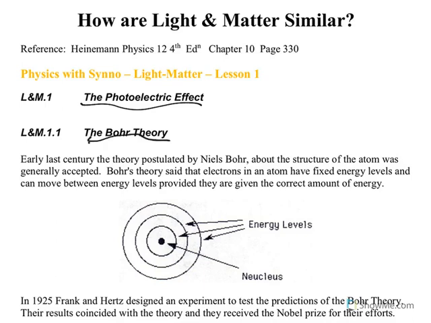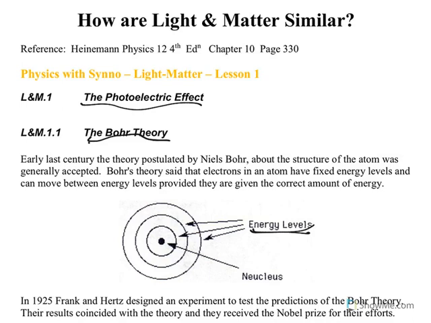So we had a little bit on Bohr. Bohr came up with the idea about the atom, that there's the nucleus in the centre, and then there's electrons around the outside, and they're in particular energy levels.